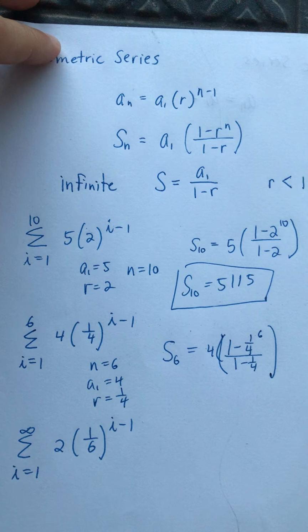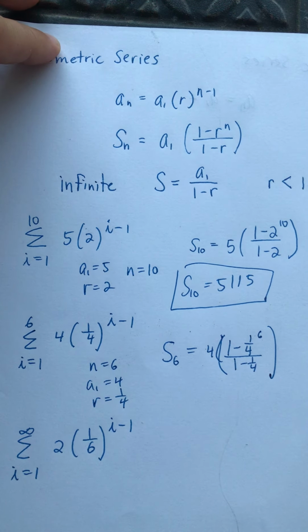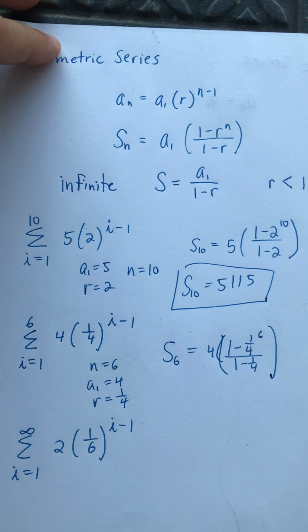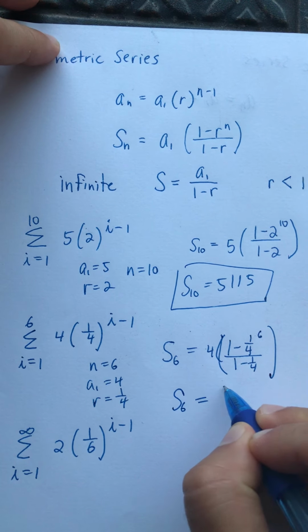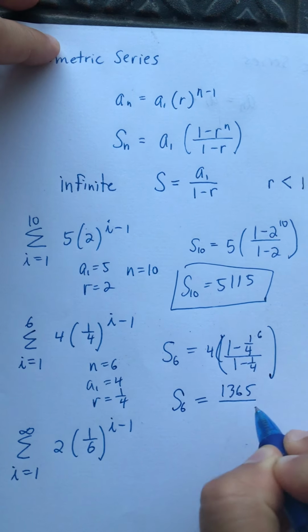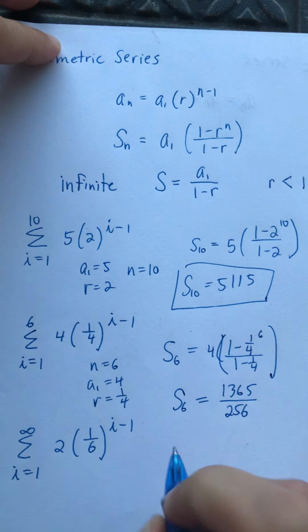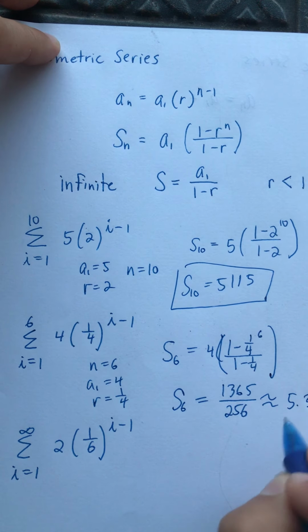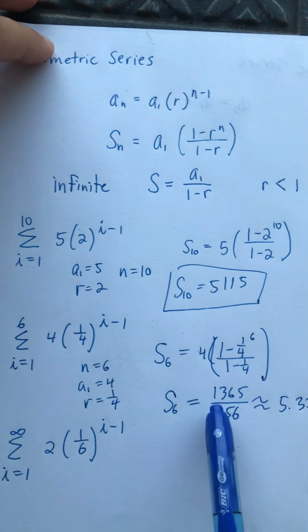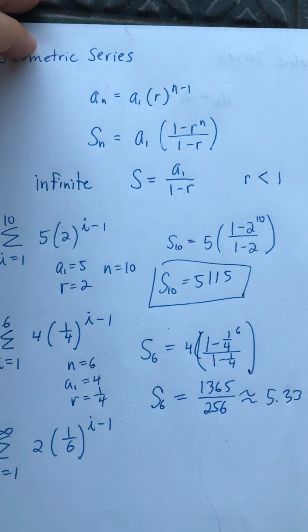I got a decimal that does not stop, so I'm going to make sure that this is in fraction form. And as a fraction, I get 1365 over 256, which is approximately 5.33, but I want the exact answer.